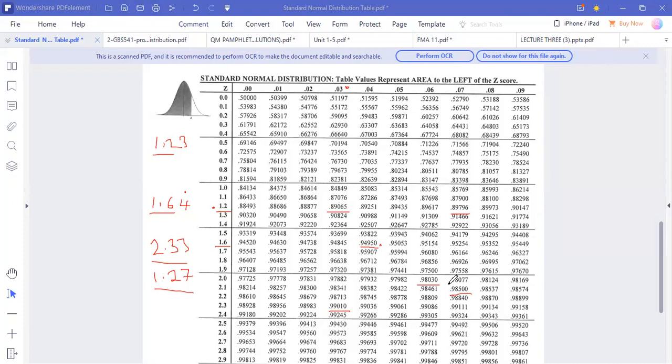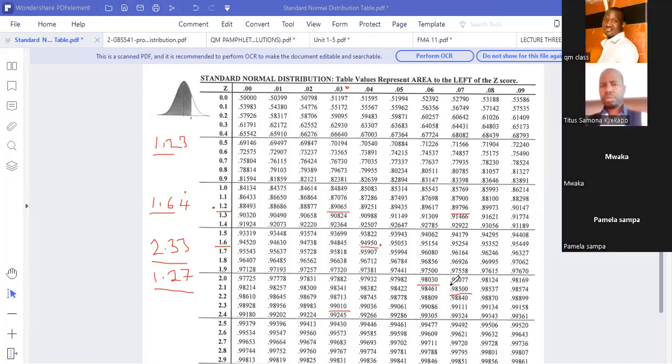Which one did you underline? It is 2.06. Right.